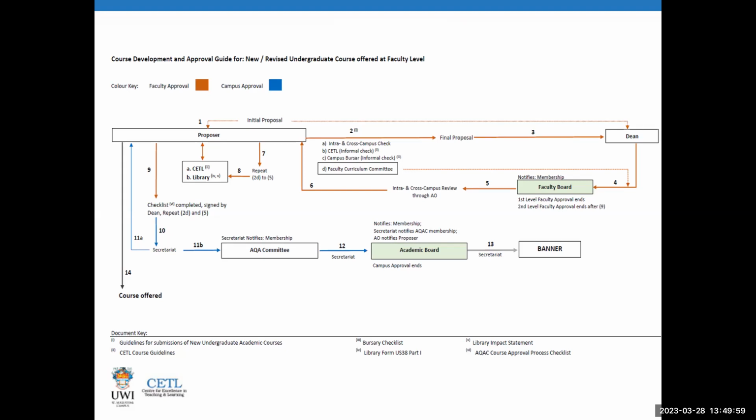Remember, those red arrows refer to the internal faculty process. It's internal to your faculty. So your faculty board, or your curriculum subcommittee and so on, will review the proposal, and then it goes to the CTL, the library, the Bursary, even the OOL where necessary.